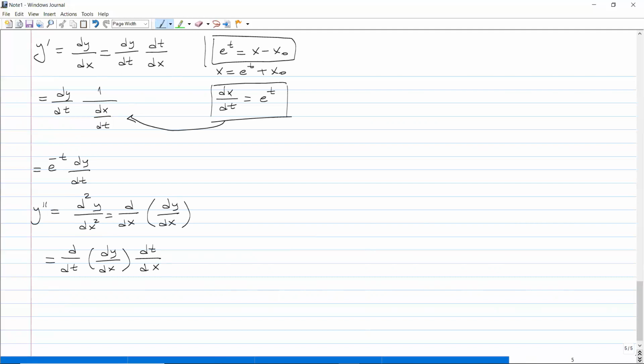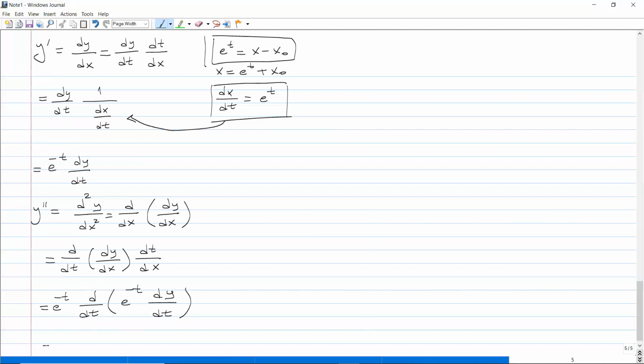But same as above, derivative of t with respect to x is e to the minus t. And I'm taking now the derivative with respect to t of the first derivative. But the first derivative is e to the minus t dy dt.